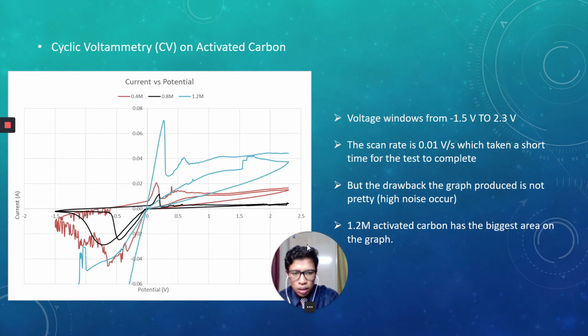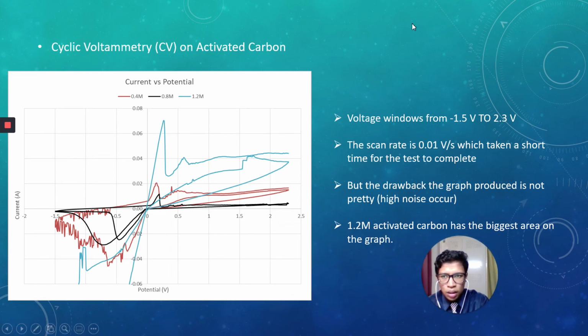Next is the cyclic voltammetry, CV, on activated carbon. The voltage window is between negative 1.5 and 2.2 volts. The scan rate is 0.01 volt per second, which takes a short time to complete this test.